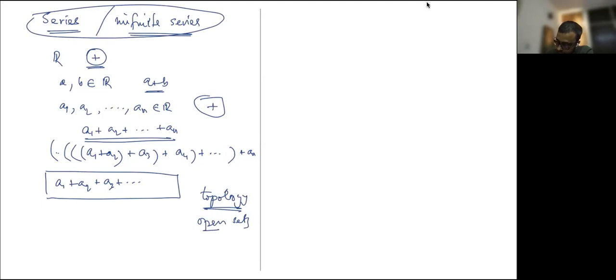So you simply define such a sum to be the limit of these things whenever it exists. So in other words, when you're looking at a series, you are essentially looking at a sequence which is of this special form.